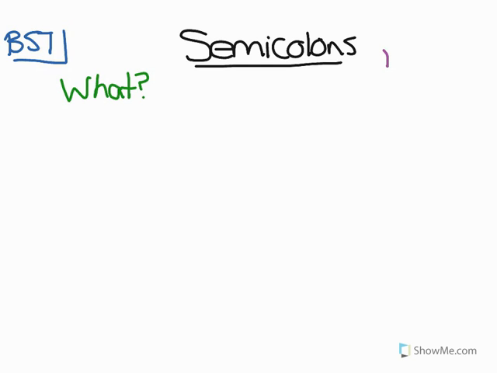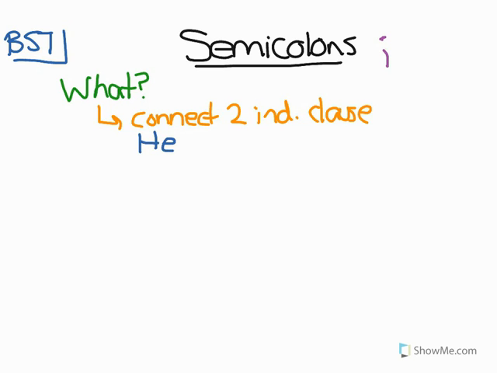Well, it looks a little something like that, and it's used to connect two independent clauses. An independent clause is just something with a subject and a verb. So like, he runs, or she says.